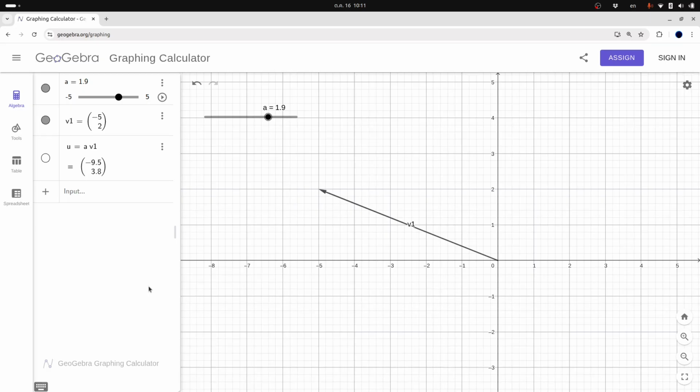So let me add another vector. Let's say v2 equals 3, minus 2 over there. That's v2. So you have two vectors. You can add them up.